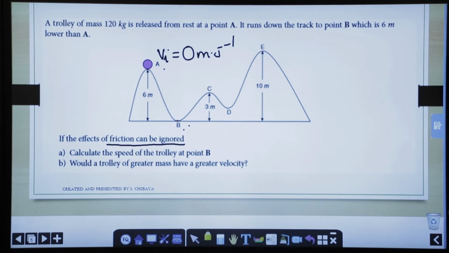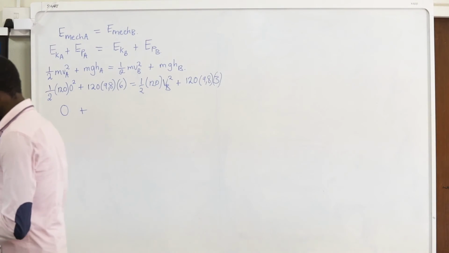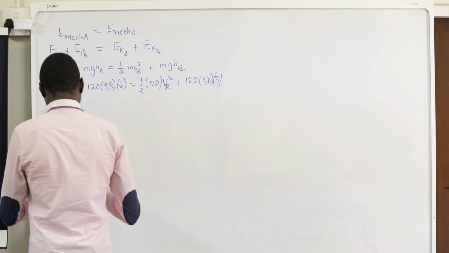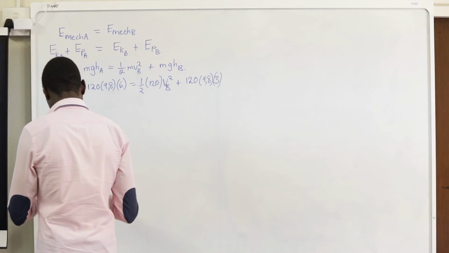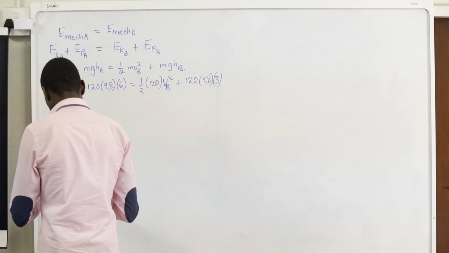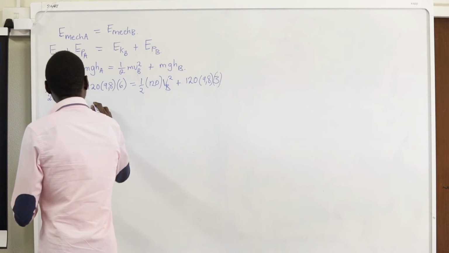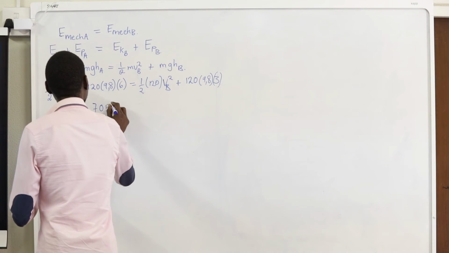So let's move on. This is 0 plus, pull out your calculator, let's calculate together. 120 times 9.8 times 6 is equivalent to 7,056.